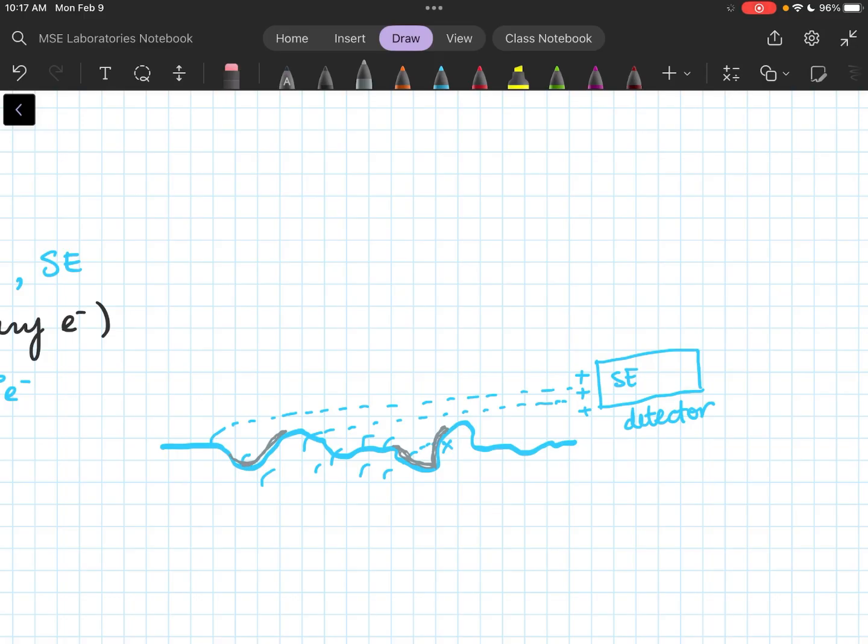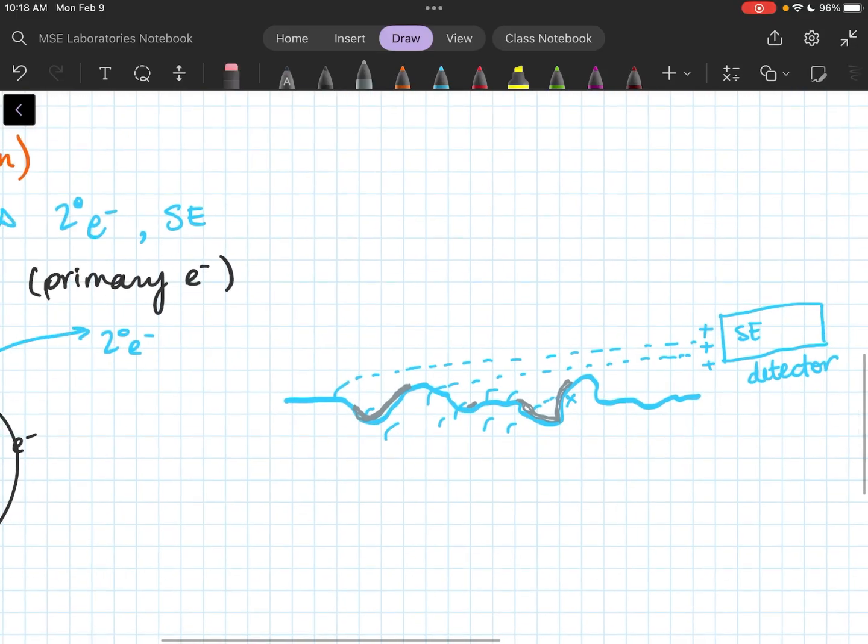We're probably going to get this shadow down inside of this valley, and maybe a little shadowing here. And that's going to create some contrast. I've got areas where I'm getting a lot of electrons and areas where I'm getting almost no electrons, and because of that, I have these bright areas and these dark areas.